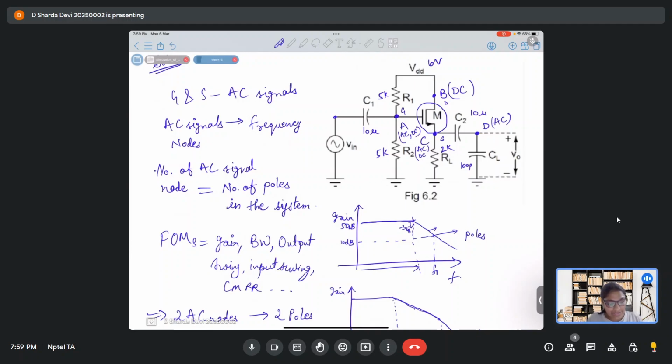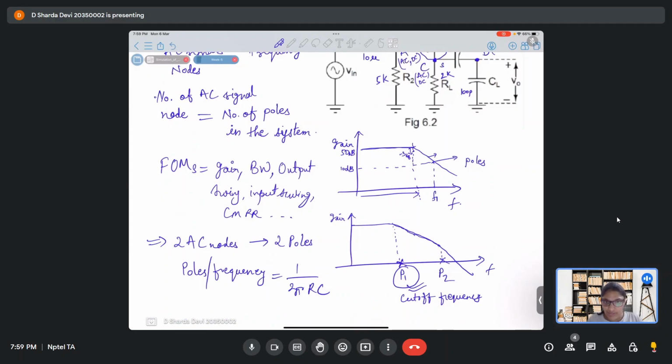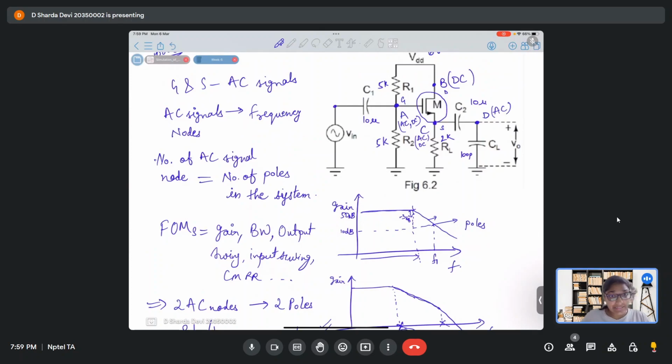And then you'll simply substitute it in this formula, and you'll find the values of those frequencies or those poles, and the smallest pole will be your cutoff frequency or cutoff pole. Is this clear? Yes.